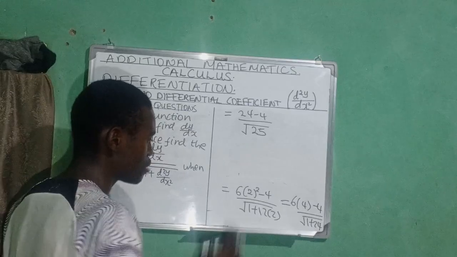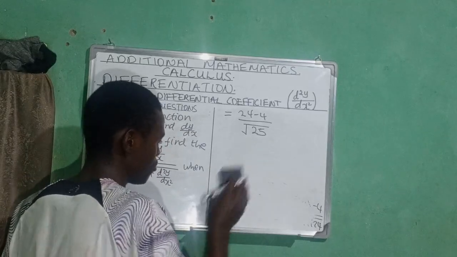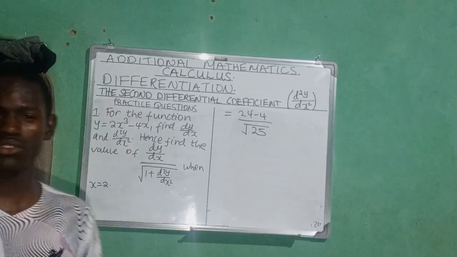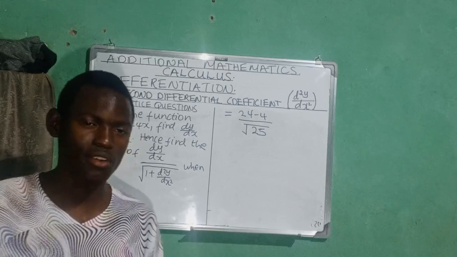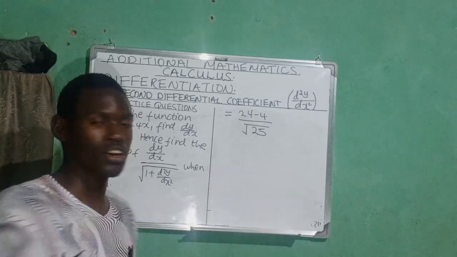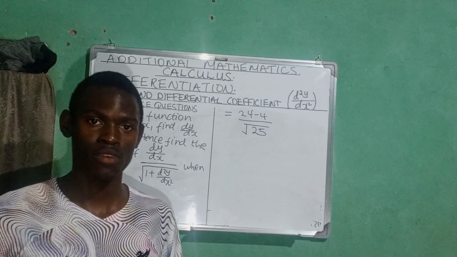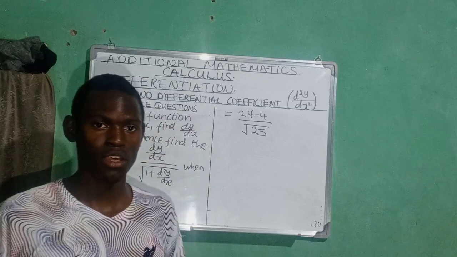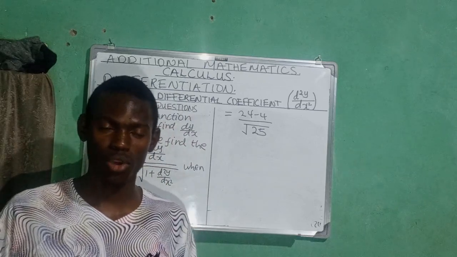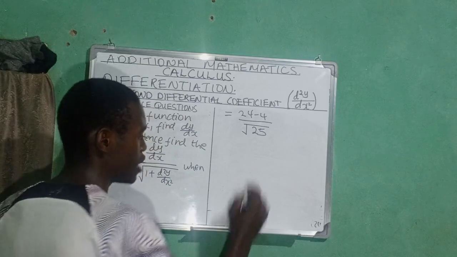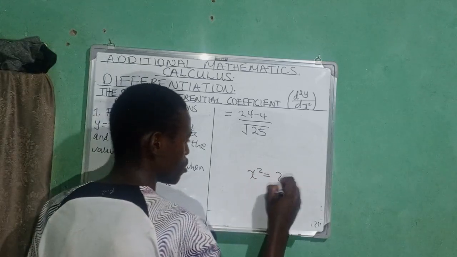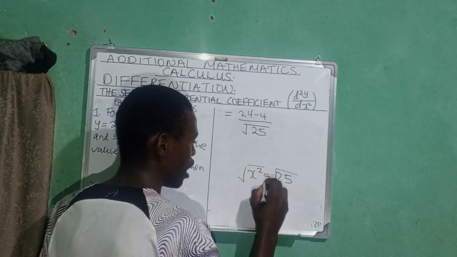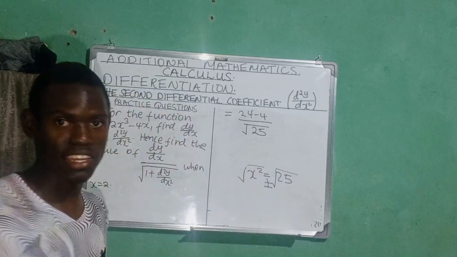So this stage that we have reached here will bring many queries. Someone might be thinking, here there is the square root of 25. This is what we call the principal square root, because there is no equation. For example, if we had x squared is equal to 25, here we apply the square root to both sides, and then we introduce the plus or minus.